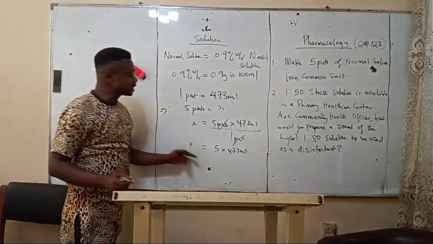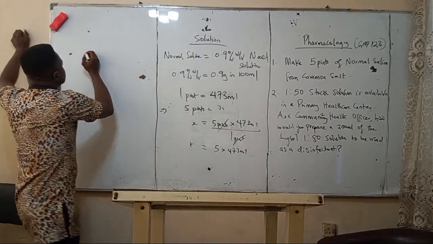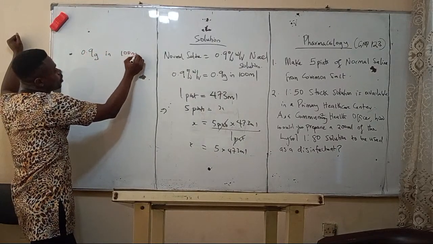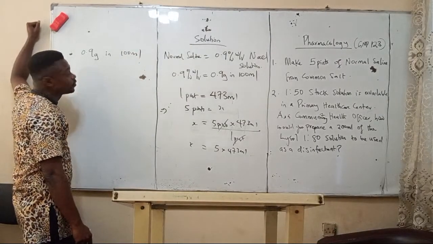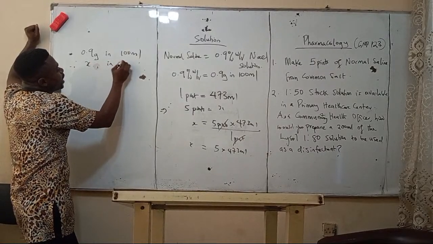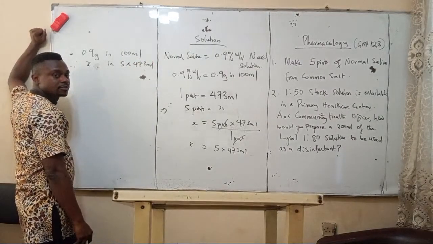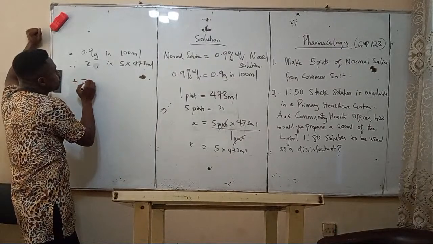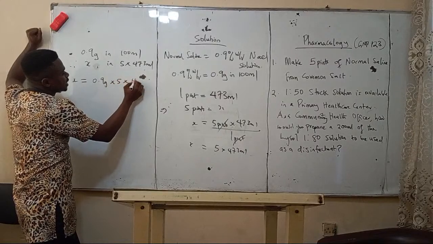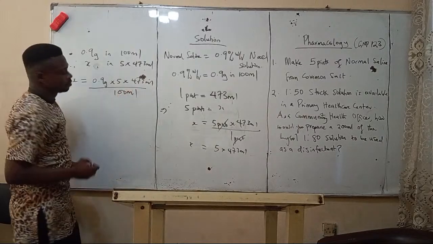So if 5 pints in ml is 5 times 473 ml, let us go back here. 0.9 gram of sodium chloride in 100 ml gives 0.9% weight in volume. Therefore, how many grams of sodium chloride will be in 5 times 473 ml? So X is now equal to 0.9 gram times 5 times 473 ml, all over 100 ml.